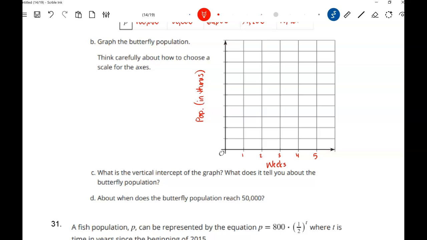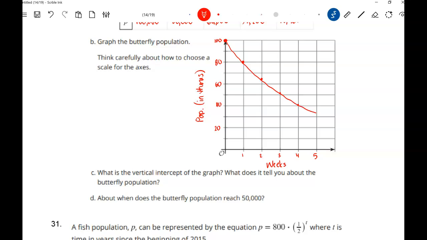And I'm going to count the population like this. Week 0 was 100. After week 1 it was 80,000, then 64,000. Then week 3 it was 51,000. And week 4 it was 40,900.